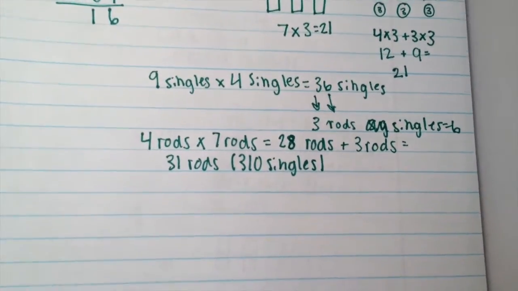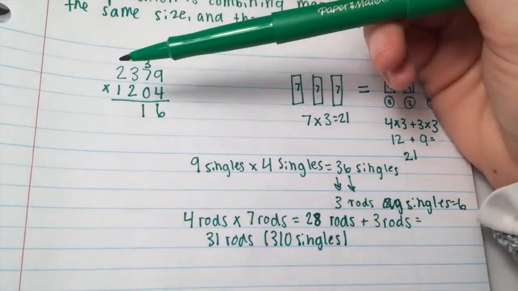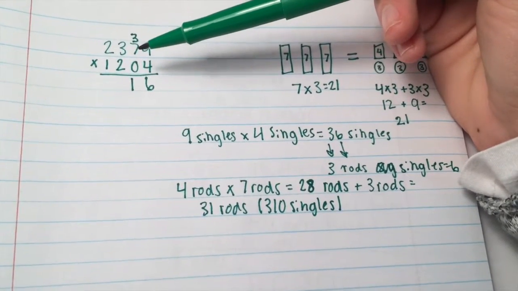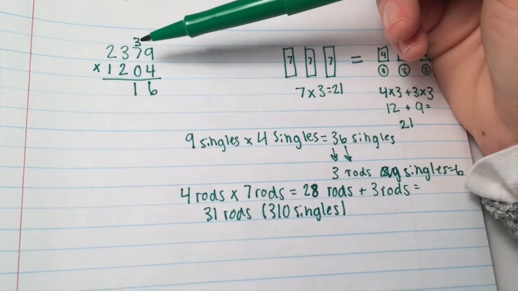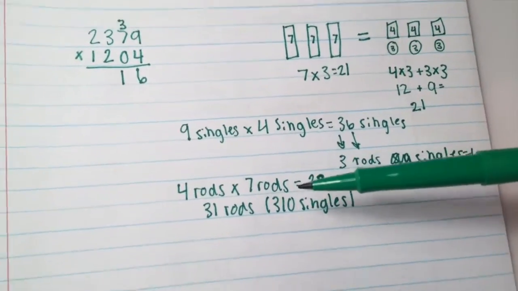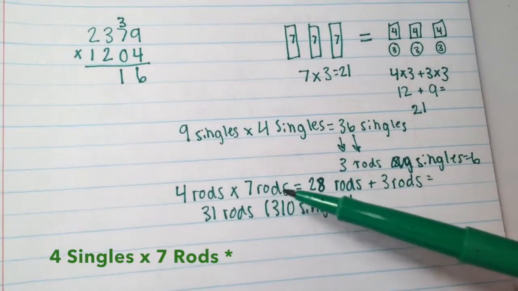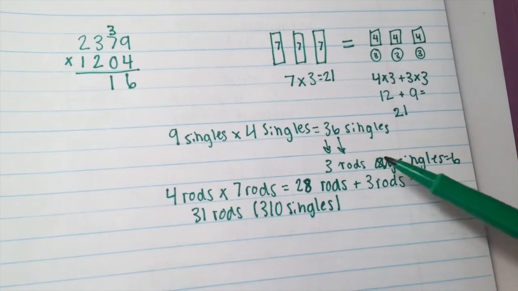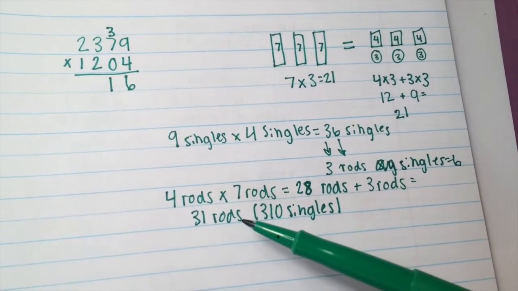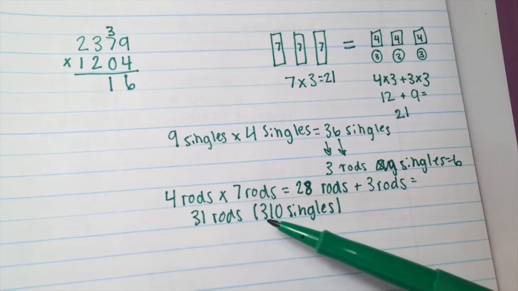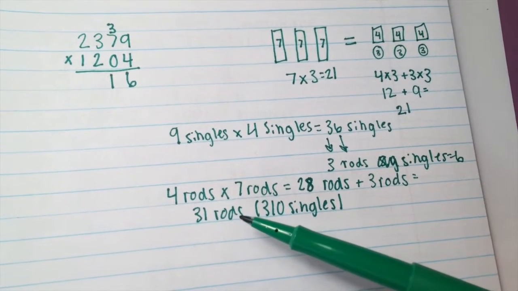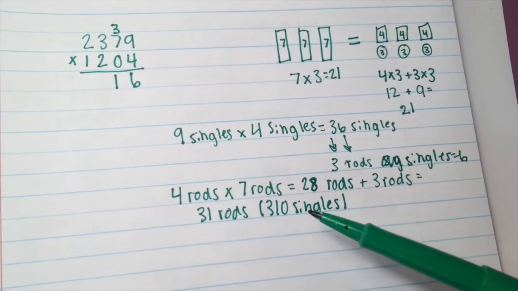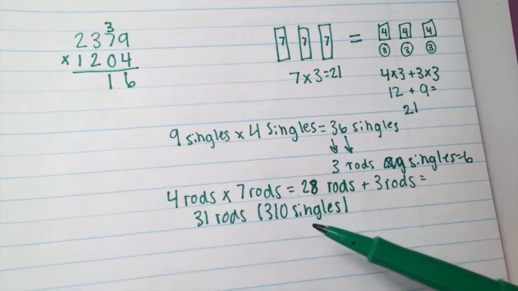Going into a further explanation of why the 4 singles times 7 rods plus 3 gets us 31 rods: we do 4 times 7 rods, which is 28 rods, plus the 3 rods from the problem above. We get 31 rods, which means, since rods are groups of 10, if we imagined it as singles, it would be 310 singles.